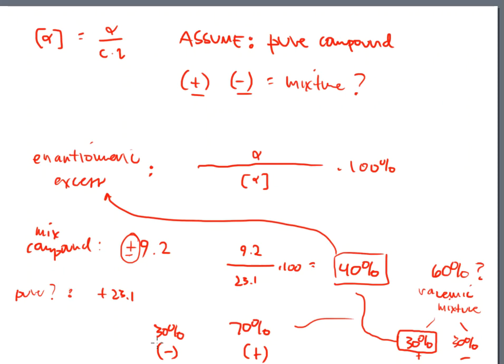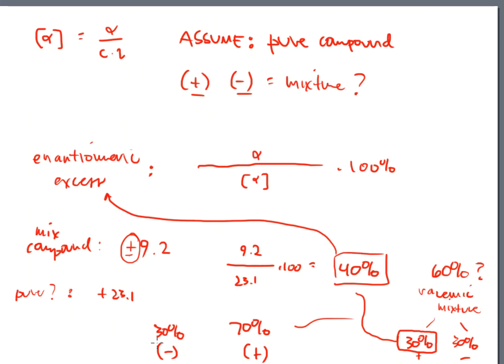That's the trick. That's the part that people forget about. They solve the equation and they say 40% excess. Okay, great. Now what do you do with that number? You better not give me 40% because that's going to be a wrong answer.